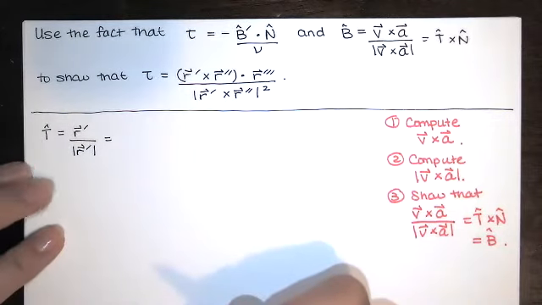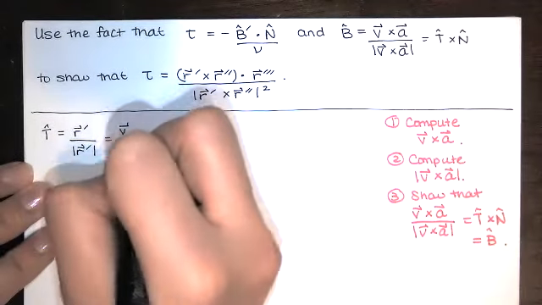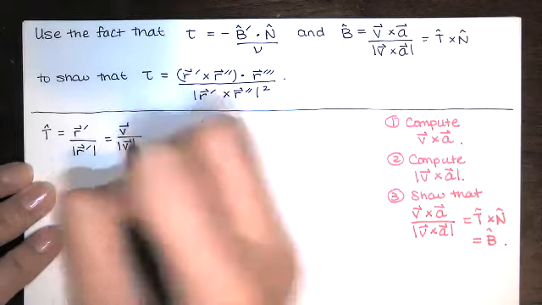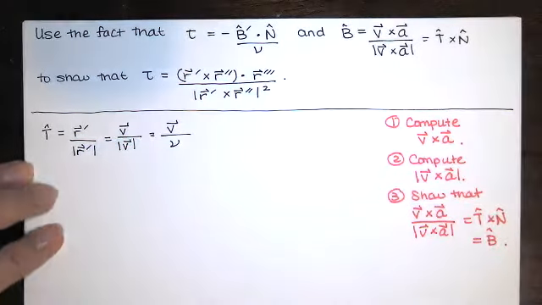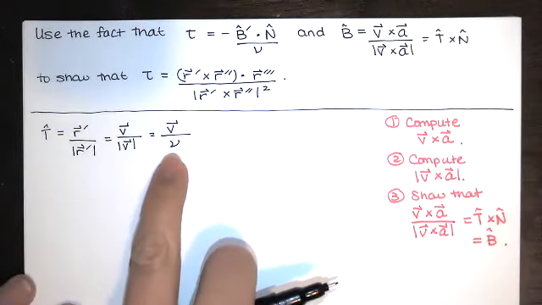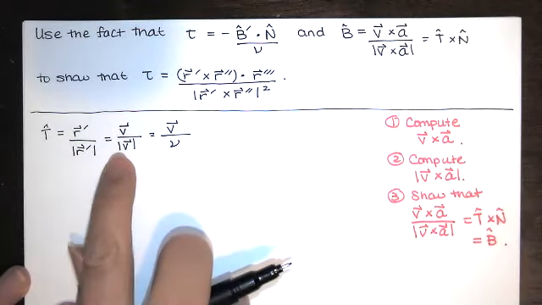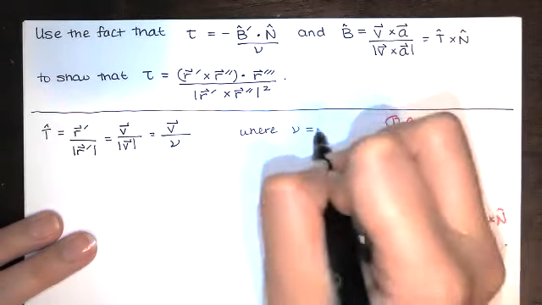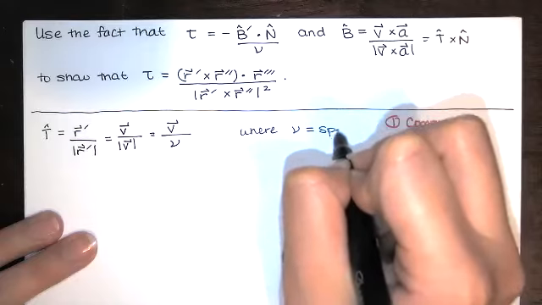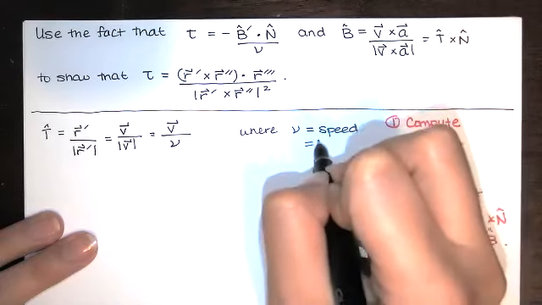Well, if we're thinking of r as a position function, this is the velocity divided by the magnitude of velocity. And the way we were writing it in the videos is this way. This is a lowercase nu, and it represents the speed. And that's a function of time.